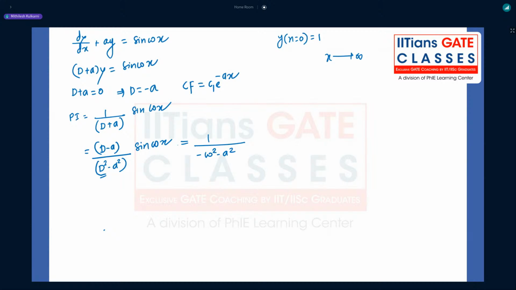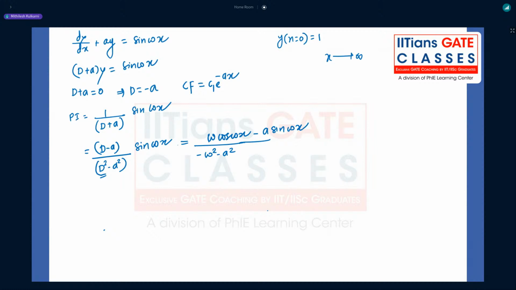The meaning of D is differentiation. So differentiation of sine of omega x is omega times cos of omega x, and the minus sign as it is, a into sine of omega x. Okay, so this is the answer for PI.